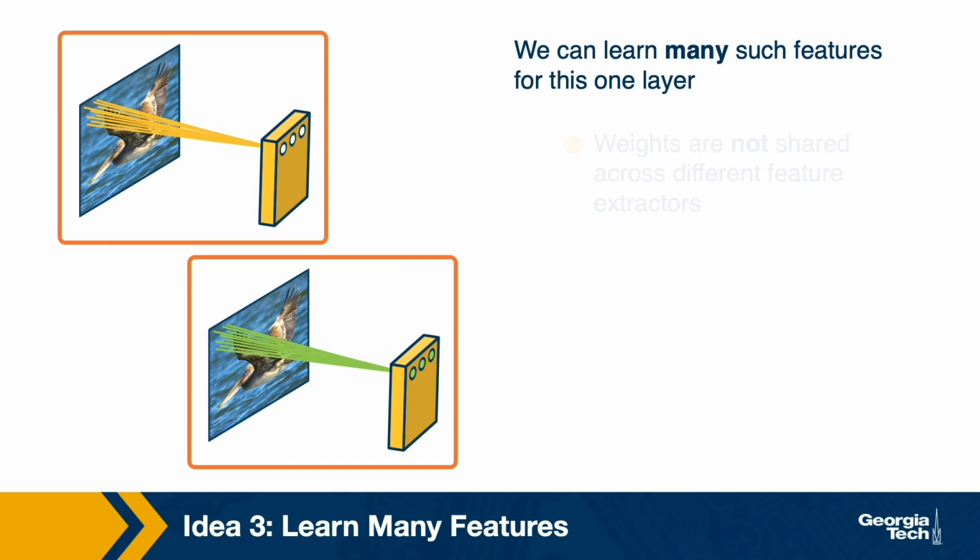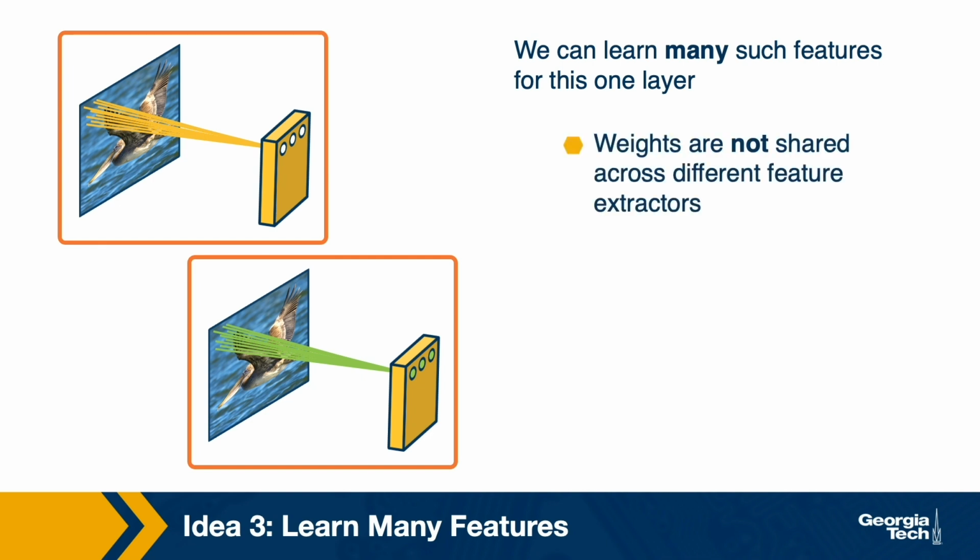And so across the different types of features, the weights are not shared. We'll see in later slides that the weights themselves will represent what types of features we extract from these little windows. And so we want them to not be shared across different types of features. But for one particular type of feature on the upper left, let's say all of the nodes are sharing their weights. That is, they're extracting the same type of feature over different locations in the image.